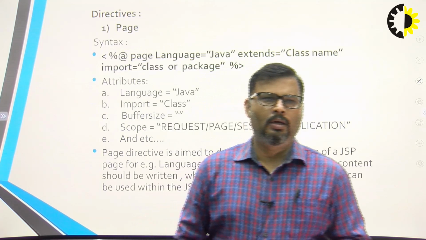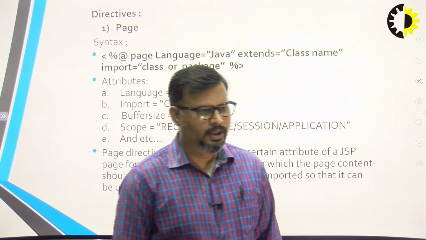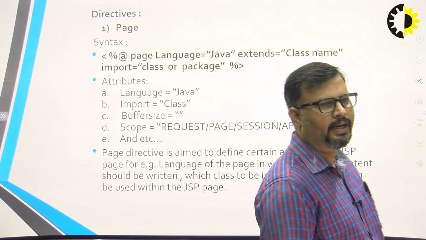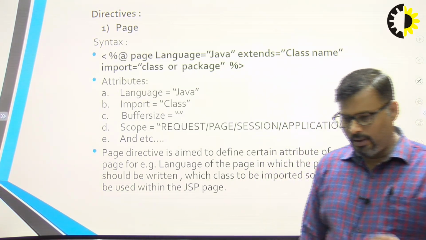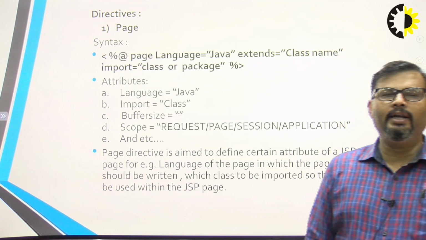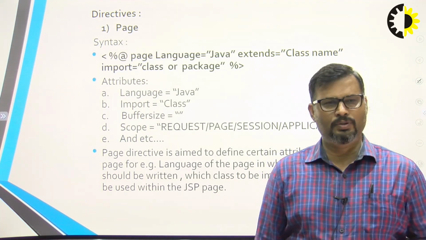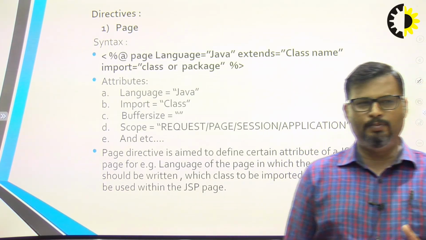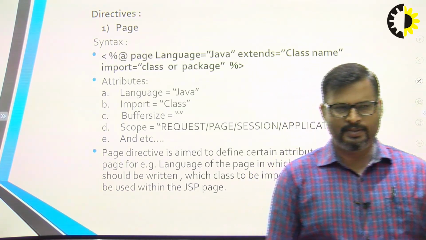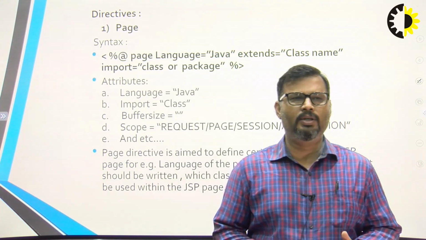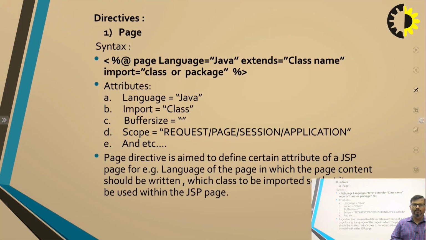Okay. So, here I will discuss the directive pages. The aim of a directive is to define certain attributes of a JSP page. Examples are the language of the page in which it should be written, and which class to be imported so that it can be used within the JSP page.